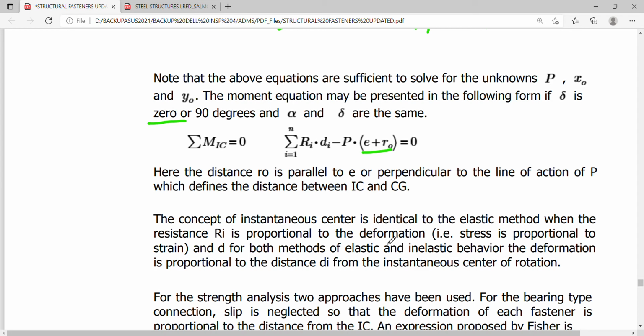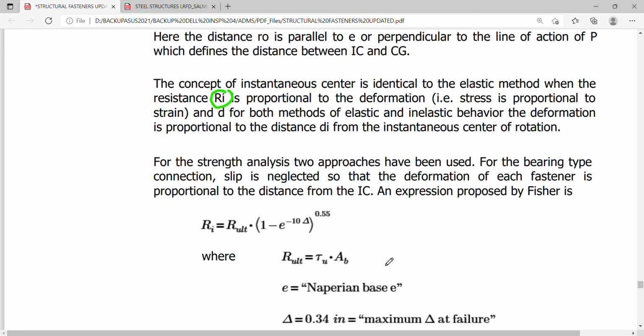So the concept of instantaneous center is identical to the elastic method when the resistance Ri is proportional to the deformation. Stress is proportional to strain, and therefore your delta for both methods of elastic and inelastic behavior, the deformation is proportional to the distance di from the instantaneous center of rotation. So for strength analysis, the two approaches have been used.